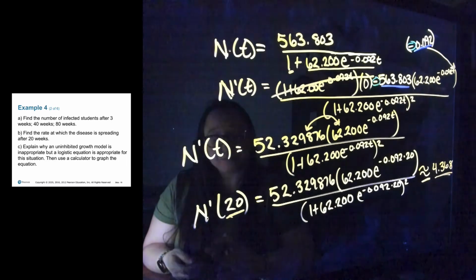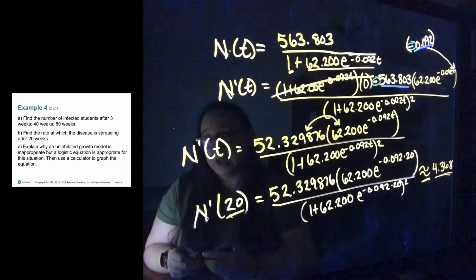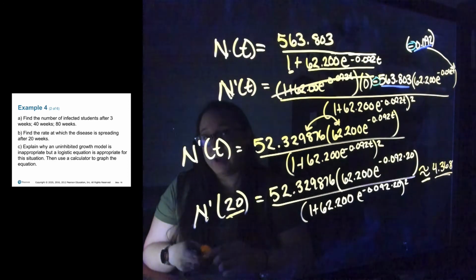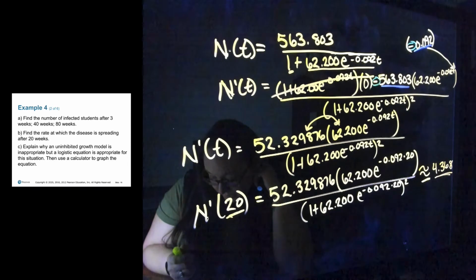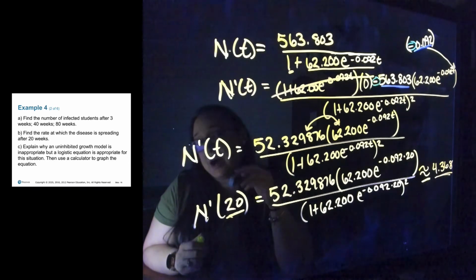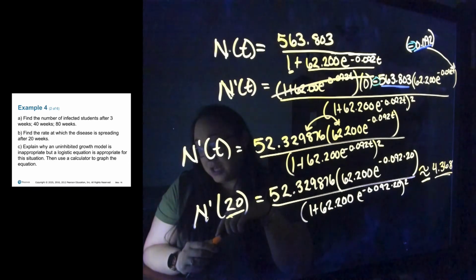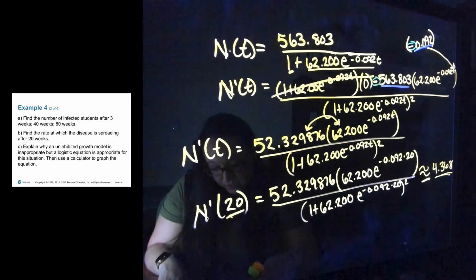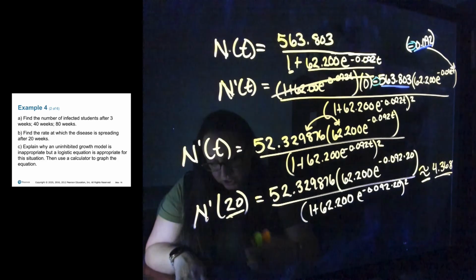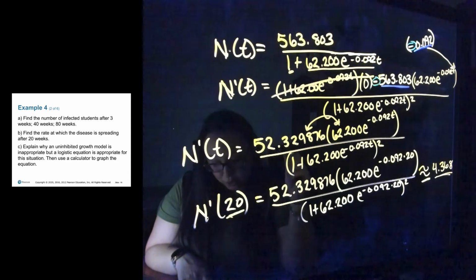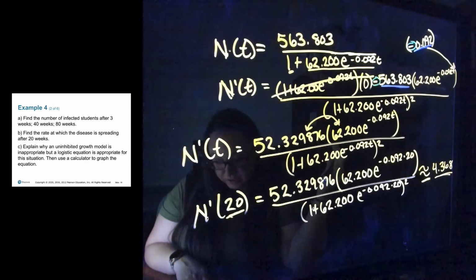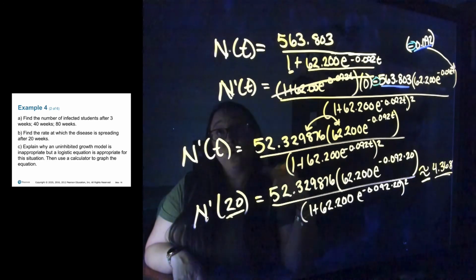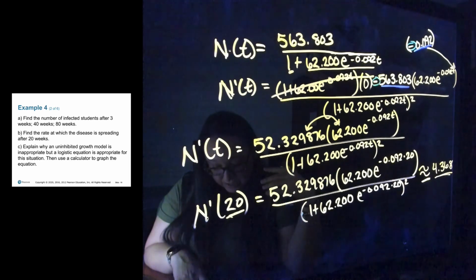All right, and I'm not going to write this last part down. I'm just going to say it, and you can write it on your paper. Remember, you can pause. It's saying explain why an uninhibited growth model is inappropriate, but this logistic model is. So remember that unrestricted growth is inappropriate for modeling this situation, because as more students become infected, there's going to be fewer students on campus that can become infected.